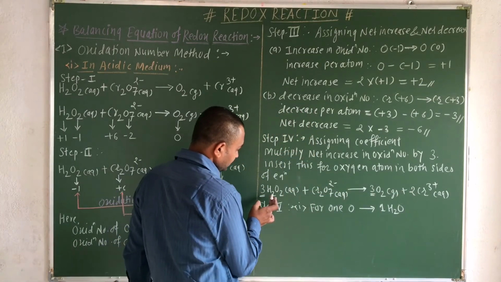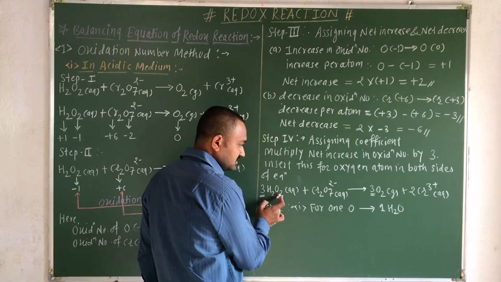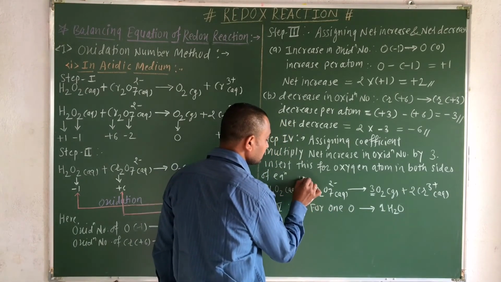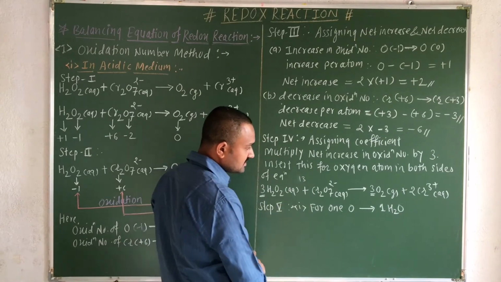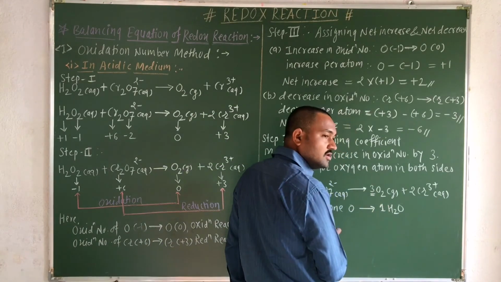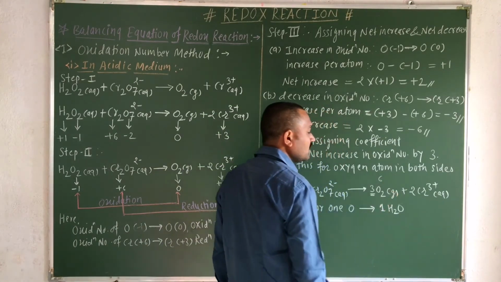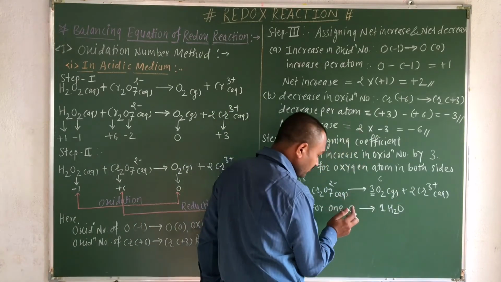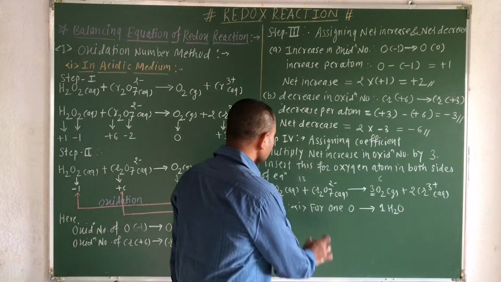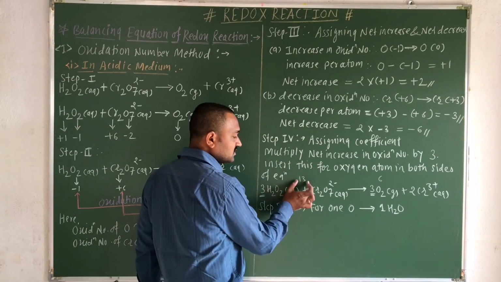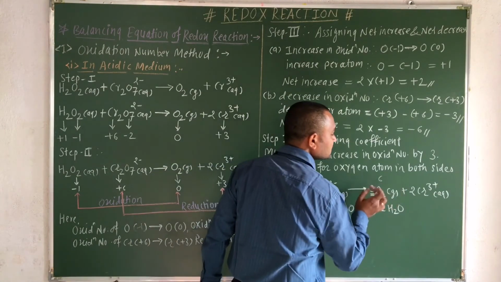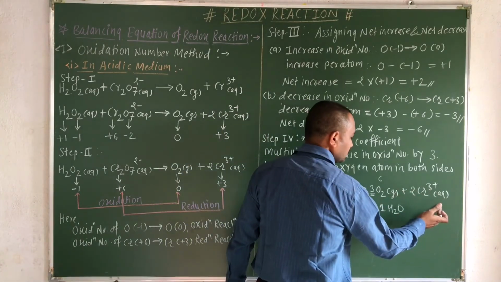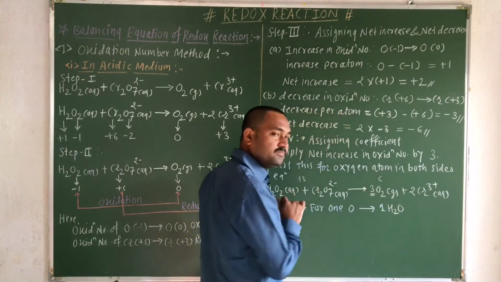Here 3 into 2, 6 plus 7, will be 13 oxygen atoms on the left hand side. On the right, 3 into 2 will be 6. So we have to add 1 H2O molecule for each missing oxygen atom. On the left hand side there are 13 oxygen atoms, here 6. So how much do we have to add now? We have to add 7 H2O so that the total becomes 13.